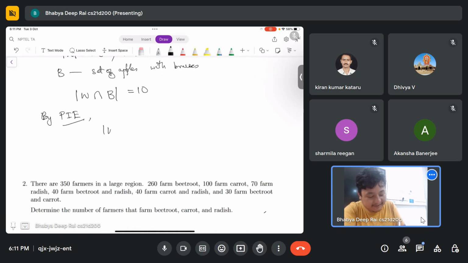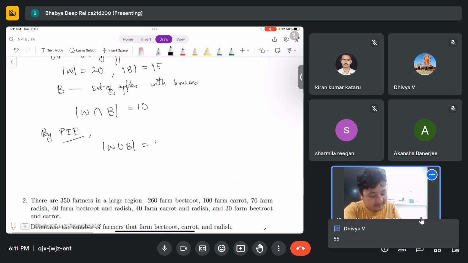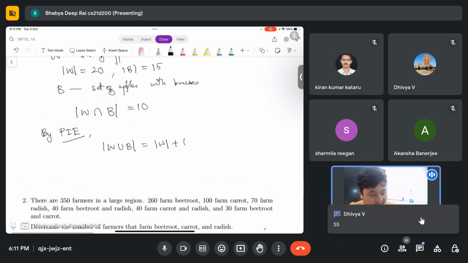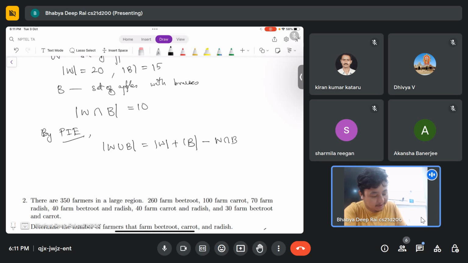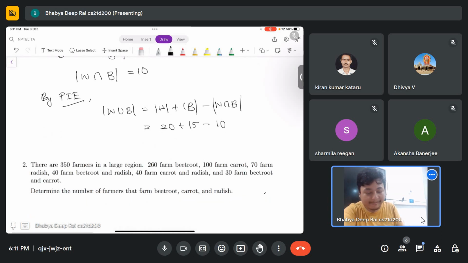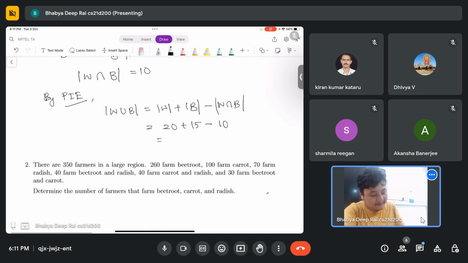We have that the size of W union B is nothing but the size of W plus the size of B minus W intersection B, which is equal to 20 plus 15 minus W intersection B, which is 10, so 35 minus 10, which is equal to 25.